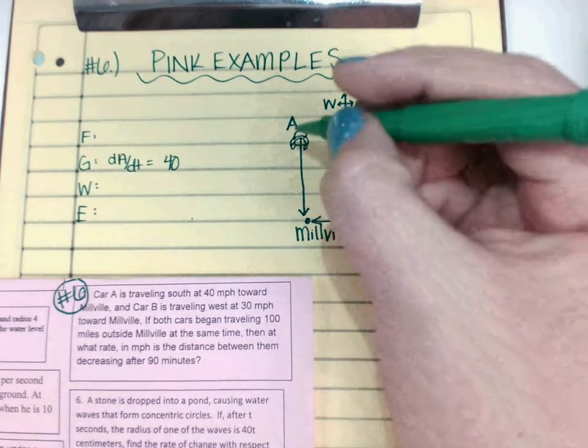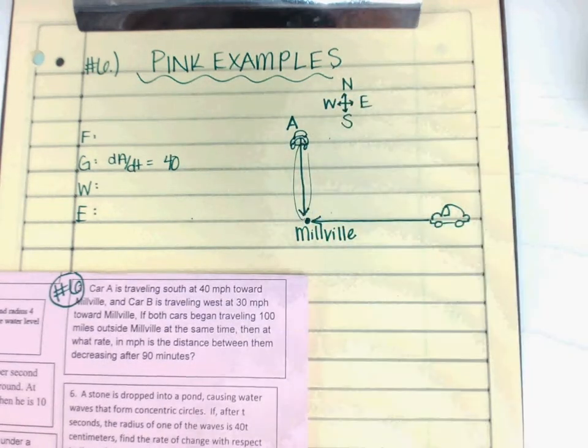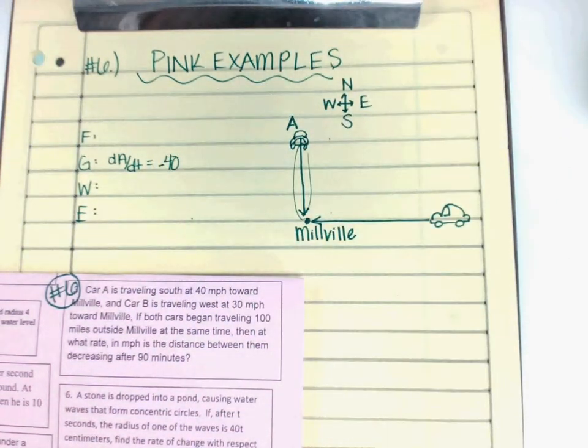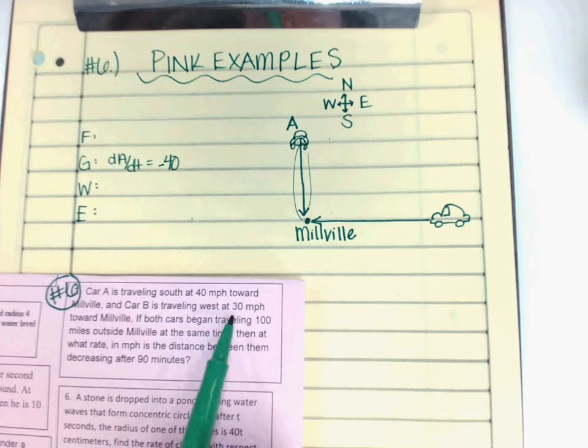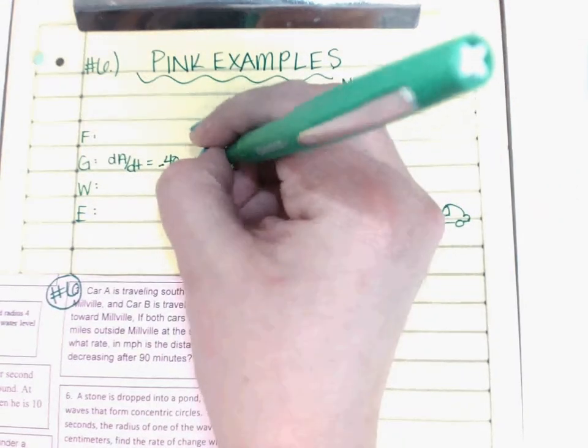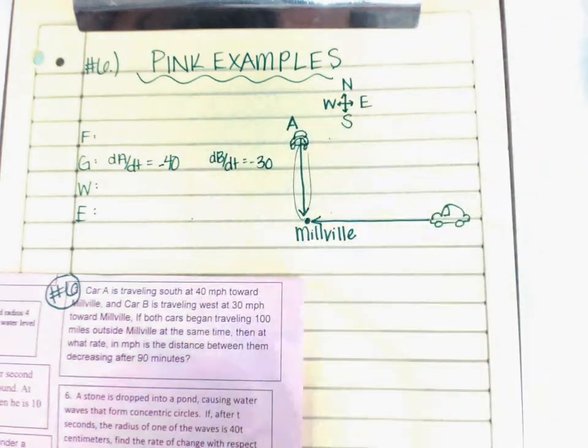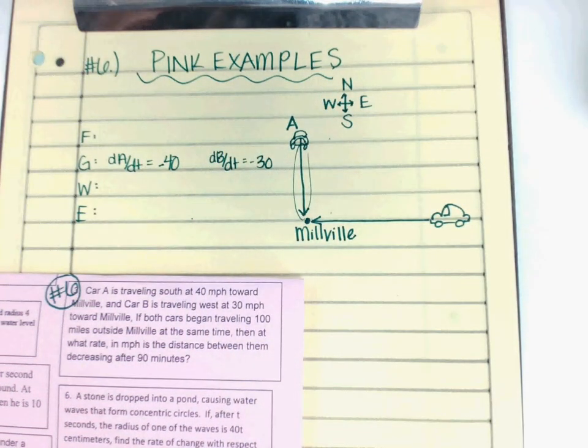Negative, because what's happening to his distance away? It's decreasing. He's going towards it, so this side is shrinking, so I'm going to make it a negative 40. Okay, car B is traveling west at 30. That means that dB/dt is negative 30. Good? Okay.